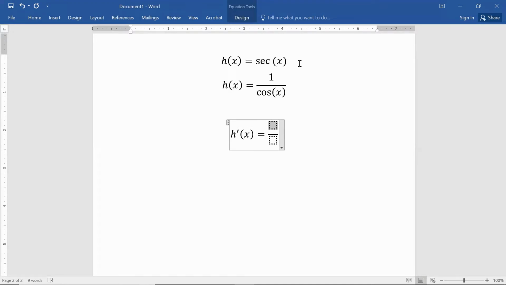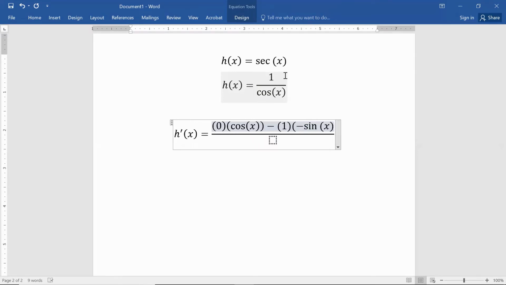That fraction is going to have a numerator which has derivative of the numerator, so derivative of 1, which is 0, times my normal denominator, cosine of x, minus normal numerator, so minus 1, times the derivative of the denominator. The derivative of cosine is negative sine, all divided by cosine squared of x.